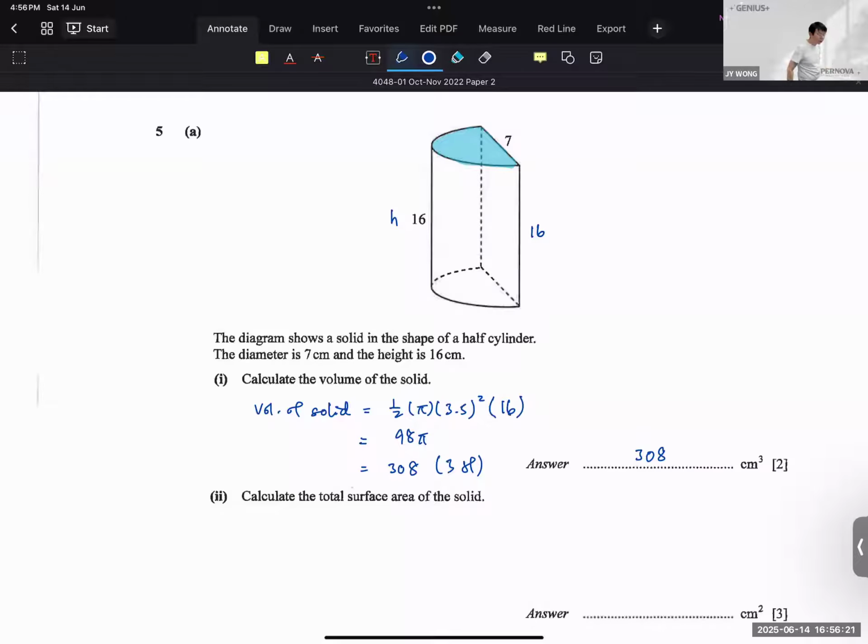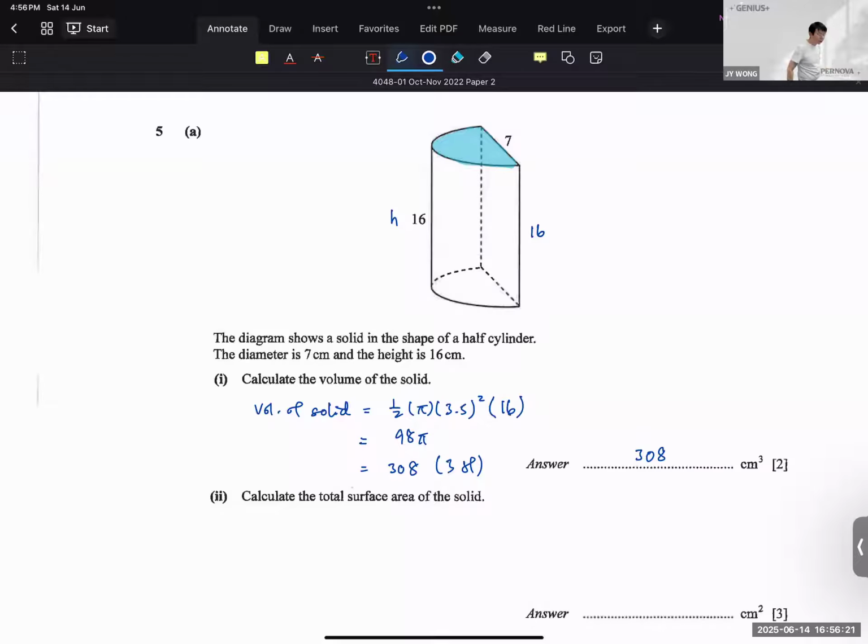So total surface area, add up the 3 parts. You have pi r squared. Why pi r squared? 2 semicircles will give me 1 full circle. Don't need to go and do extra work, please. Then plus 7 times 16, right?